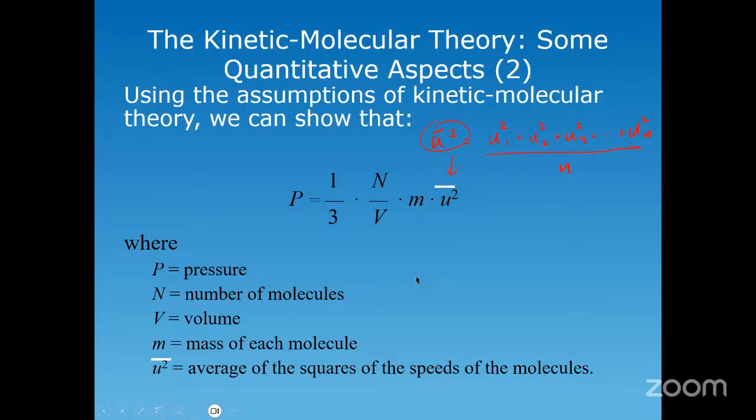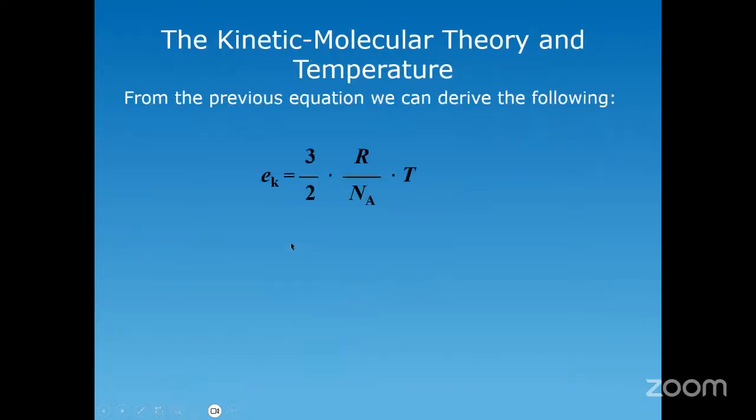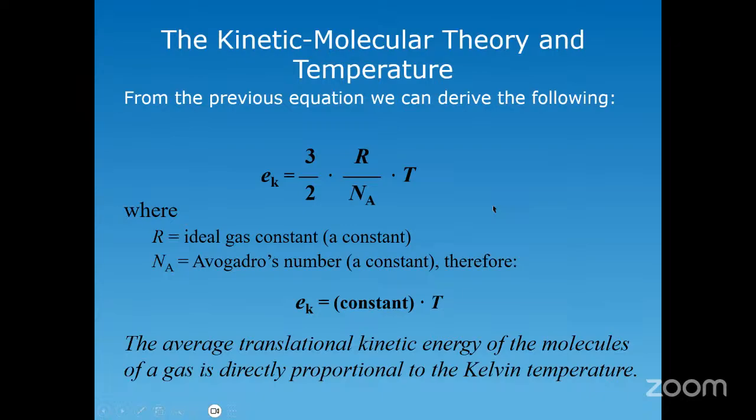Now there's another equation which I'm going to show you, which again you don't need to know. That is this equation right here, which relates the kinetic energy to a couple of things, mainly the temperature. The higher the temperature, the greater will be the kinetic energy. Now the R here is the molar gas constant, and Na here is Avogadro's number.